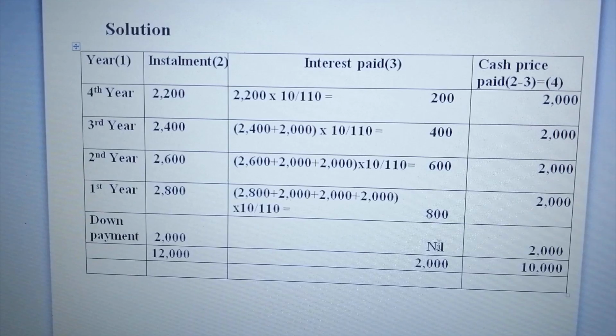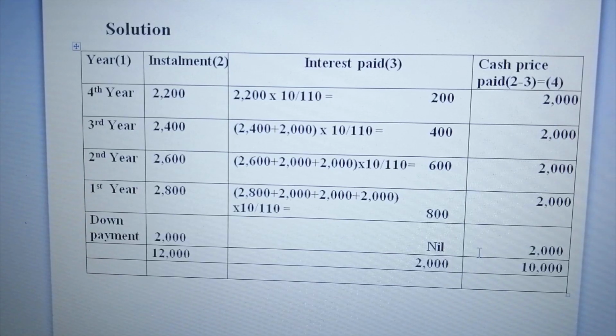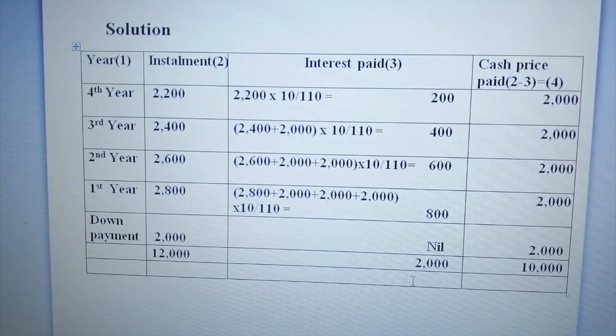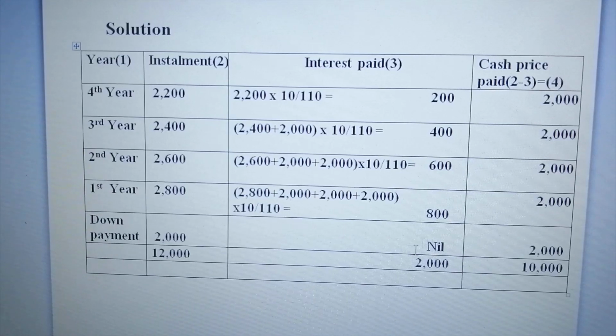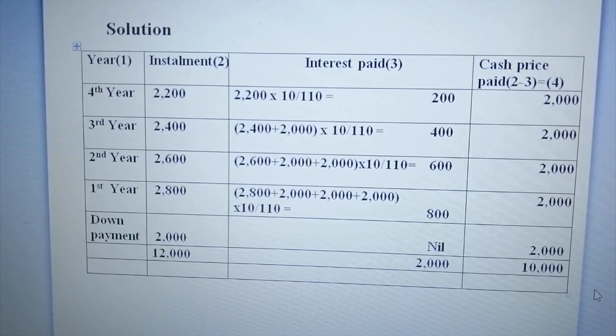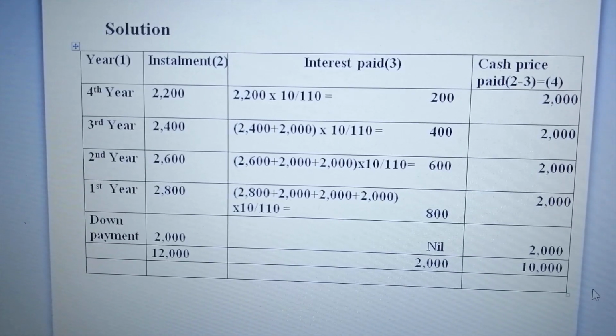Whereas it is included in cash price because it is also a part of the installment. Okay. Therefore, the total installment amount is how much? 12,000 rupees, of which 2,000 rupees was payable as an interest amount and the remaining amount is taken as the cash price. Therefore, the cash price is 10,000 rupees.